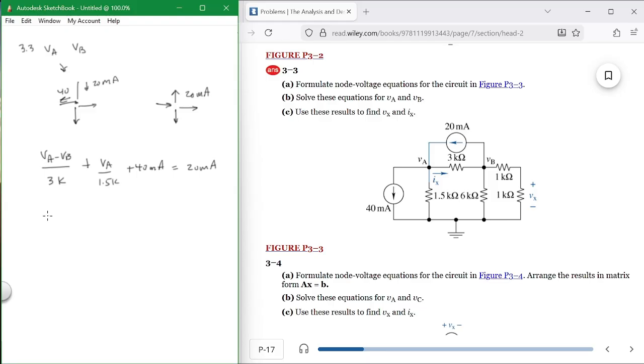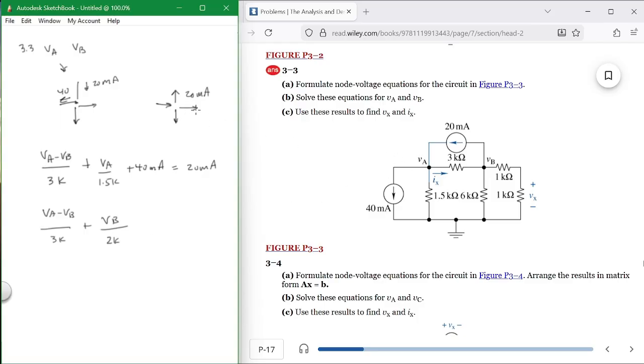You can say the current going in is VA minus VB over 3K, plus VB over 1 plus 1 is 2K.